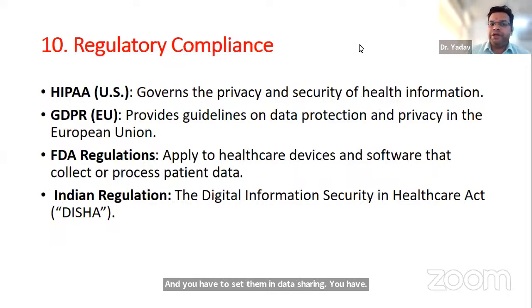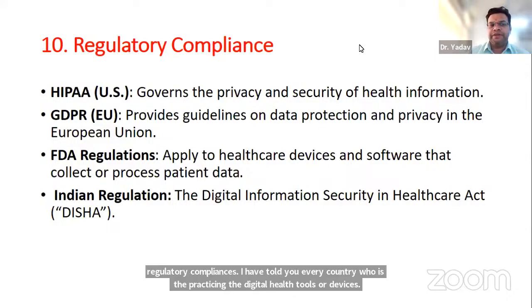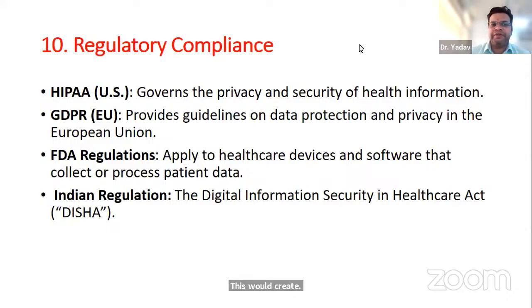Then regulatory compliances. I have told you, every country practicing digital health tools or devices should follow compliances. Like in the USA, we have HIPAA. GDPR in the European Union provides guidelines on data protection. FDA regulations.